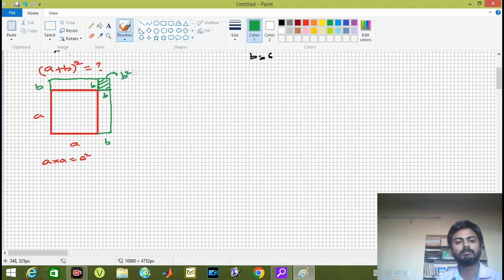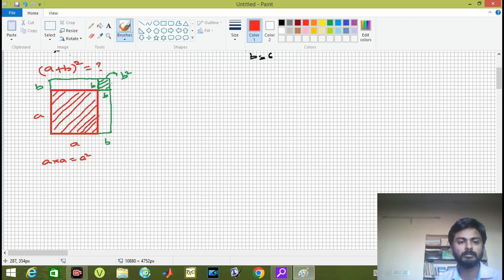In the same way, you already have a square, and this is called A square, and we have written it below. This is A square and this is B square.